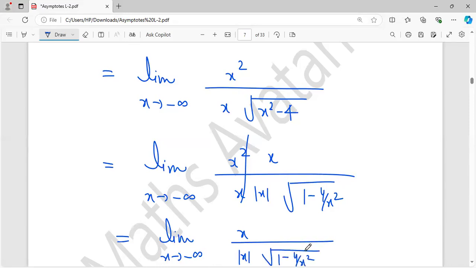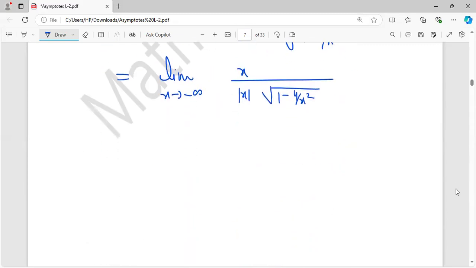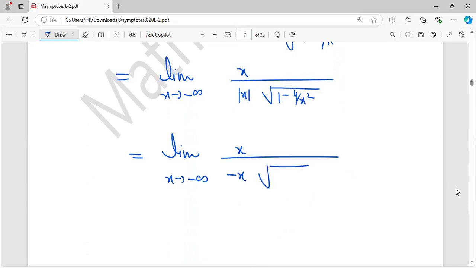Tell me what is this limit? This is -1. This limit is -1. So this is x. How to write mod -x? This is -1.